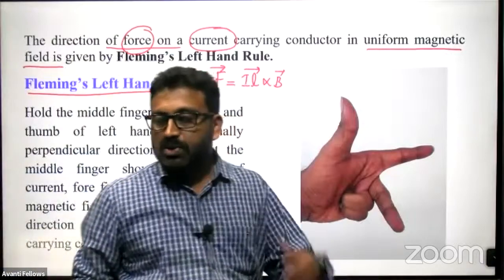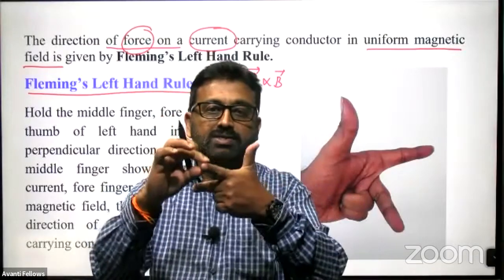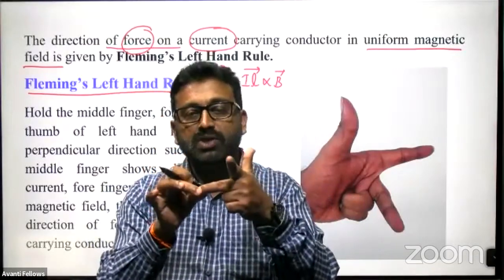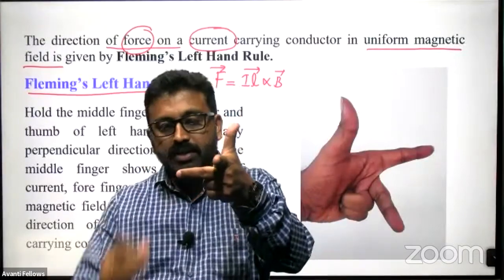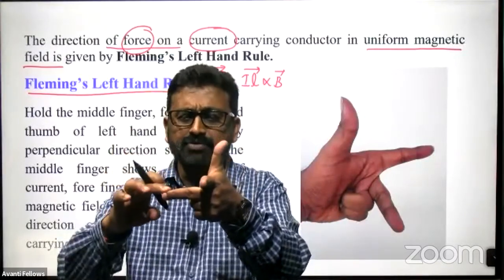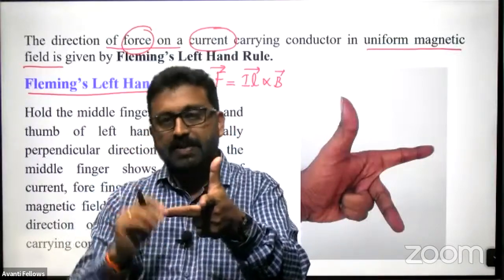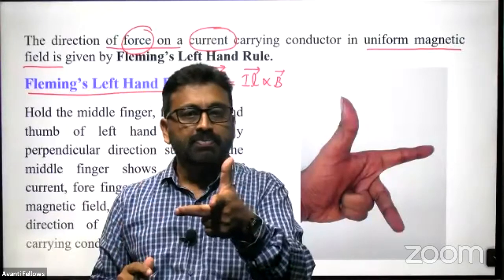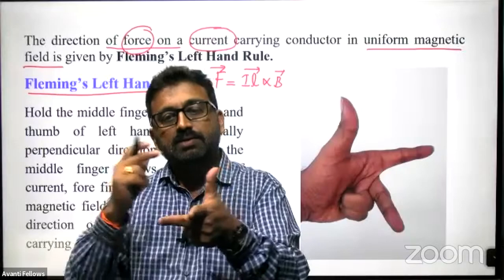So Fleming's left hand rule is very simple. This is the left hand. Hold the three fingers of your left hand in three mutually perpendicular directions like this: middle finger, forefinger, and thumb. We need three parameters. One is force, second is direction of current, and the third is magnetic field.